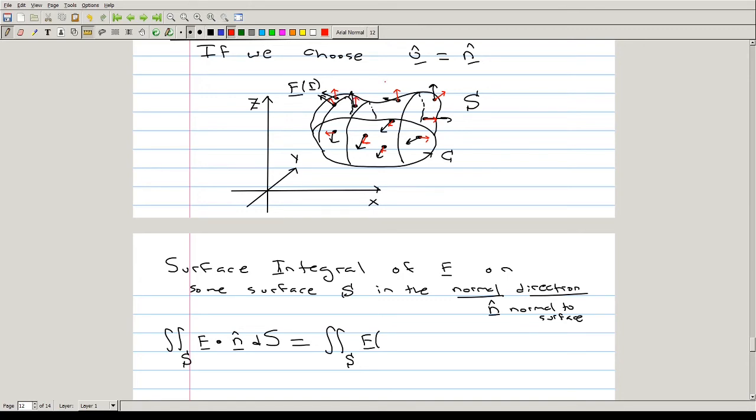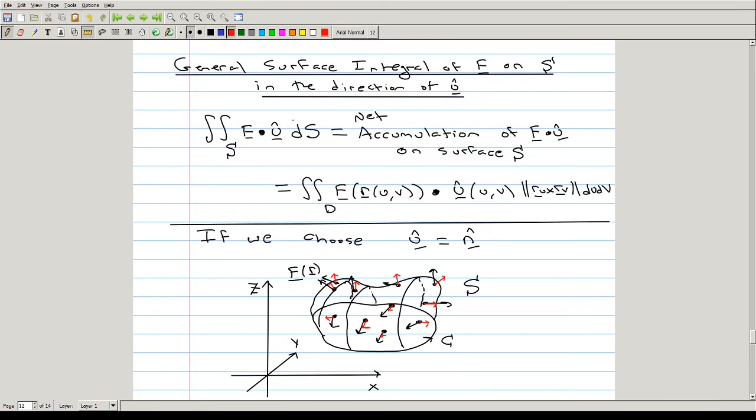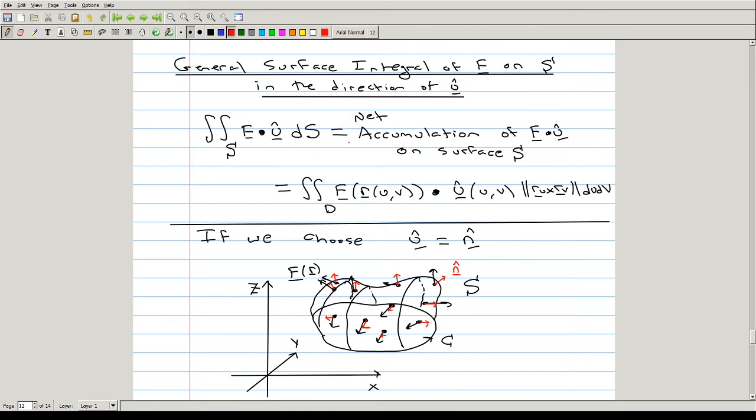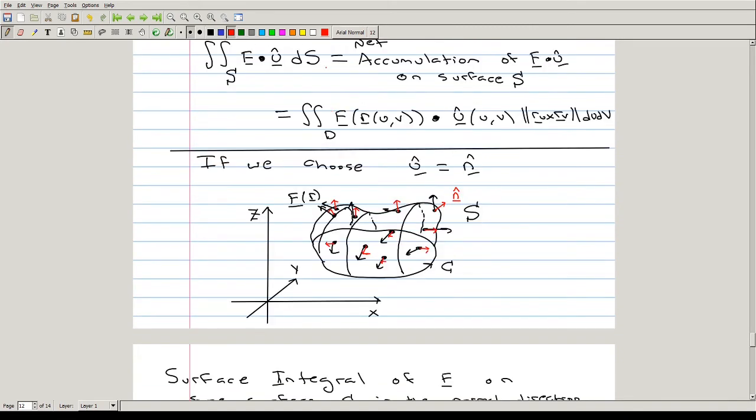So if we take the general definition for the surface integral of a vector field, and we choose the very special u hat, which is the normal direction to the surface, we get what's generally considered the surface integral. So this is really what the surface integral is and why we're defining it the way we are.